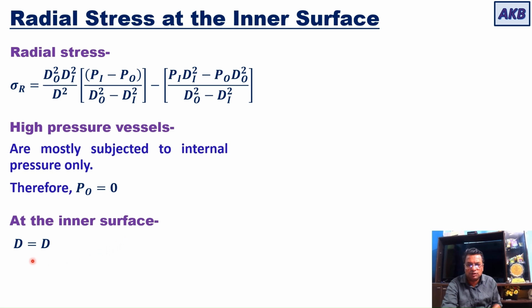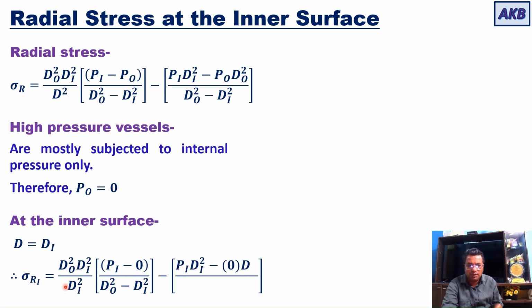At the inner surface, you have D is equal to Di. So if you use this information in the equation for sigma R, you get sigma Ri, that is sigma R at the inner surface, is equal to do square into di square upon di square, now D is replaced with Di, into (Pi minus PO). PO is 0, so Pi minus 0 divided by (do square minus di square) minus Pi di square, again minus PO is 0, so minus 0 into do square divided by (do square minus di square).